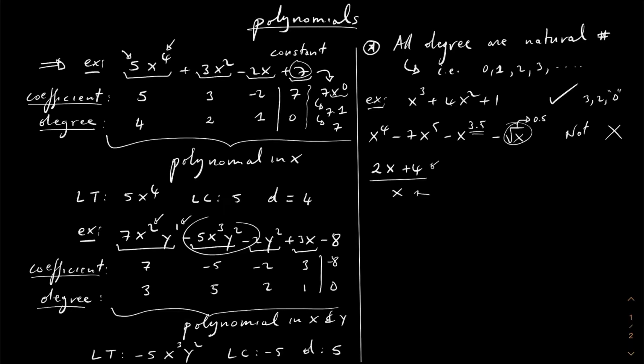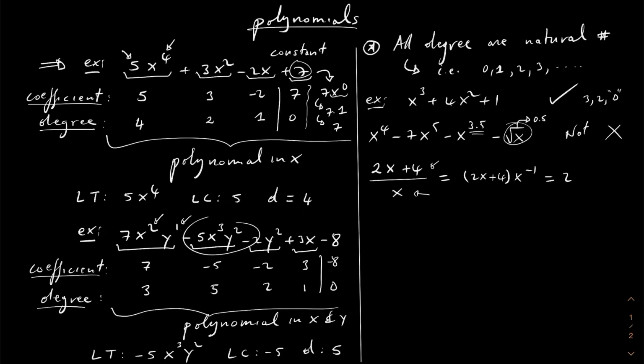But together, when you do a division like that, this becomes a rational expression, not a polynomial anymore. Because if you wanted to put it in standard form, meaning everything on top and nothing on the denominator, this x on the bottom here is going to be x to the power of negative 1. So technically, this is 2x plus 4 all together times x to the power of negative 1.